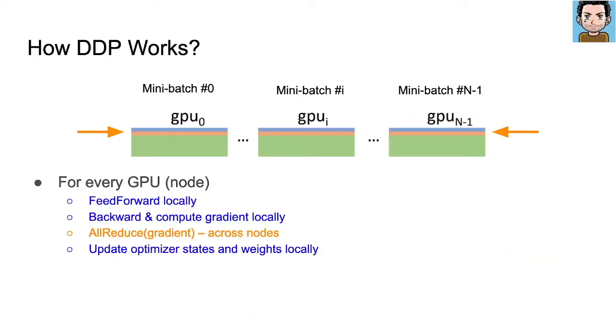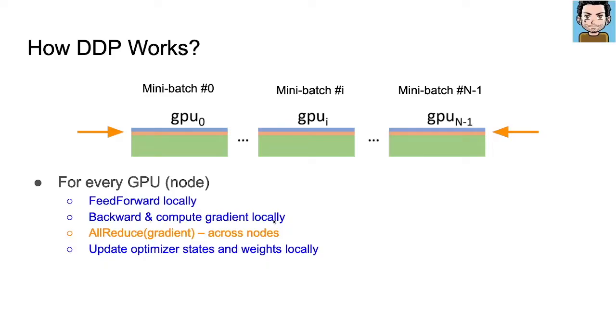I want to recap this point again because it is important to understand how DDP works. At the beginning, all GPUs will have the same weights, but they are processing different mini batches. So every GPU will proceed forward with a feed forward, then compute the loss, do a backward propagation, and compute gradients locally.